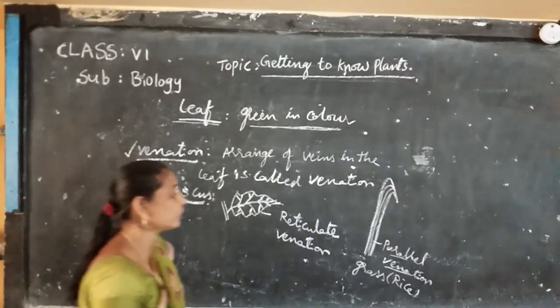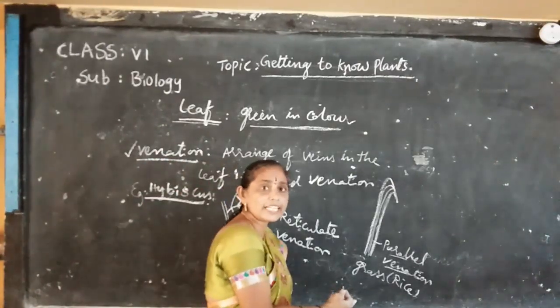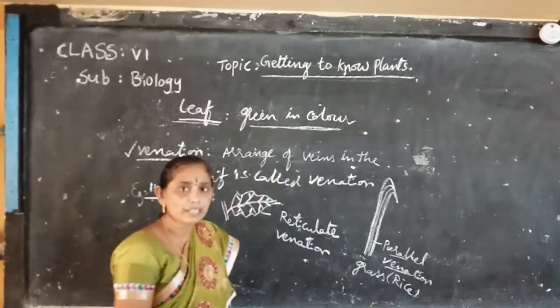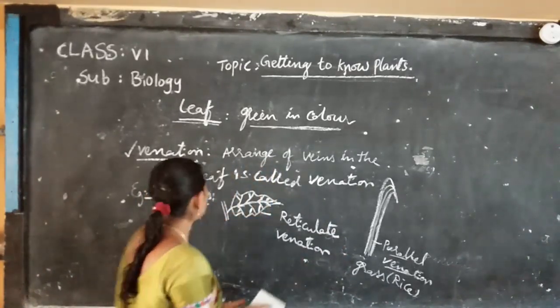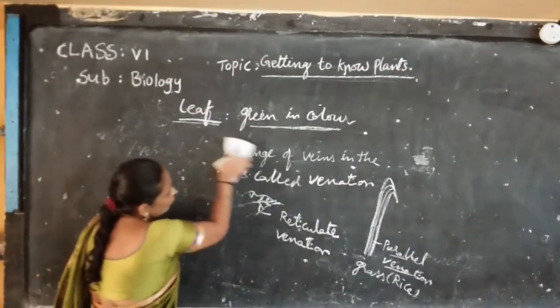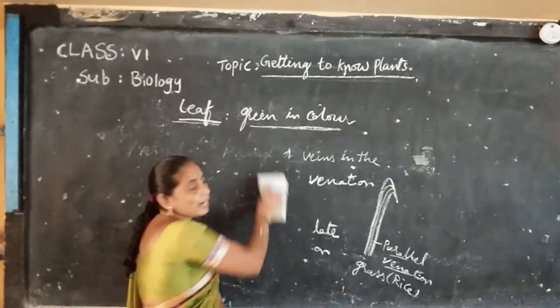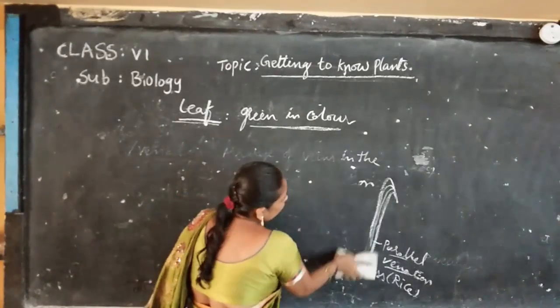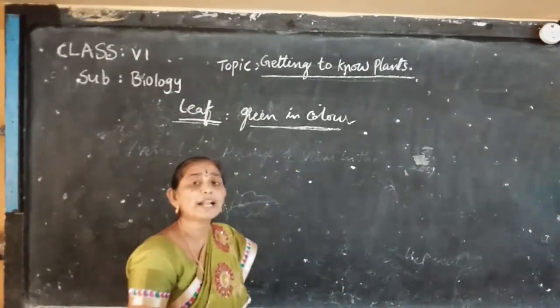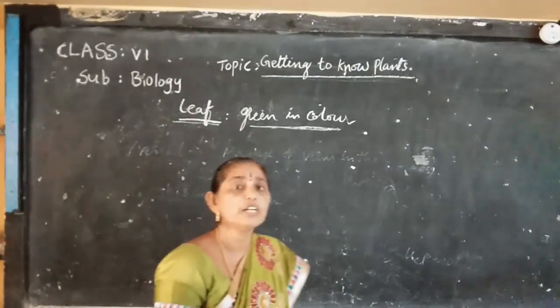Parallel venation is present in grass plants like rice, wheat, maize. We observe different types of plants in our surroundings. Are all plants' leaves the same? No. Different plants have different types of leaves.